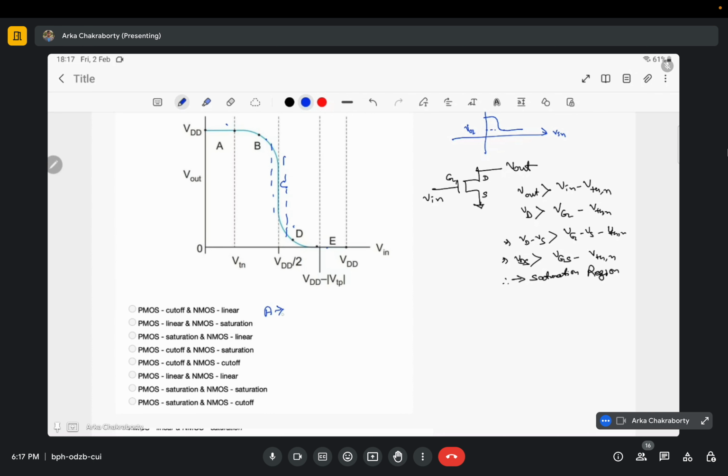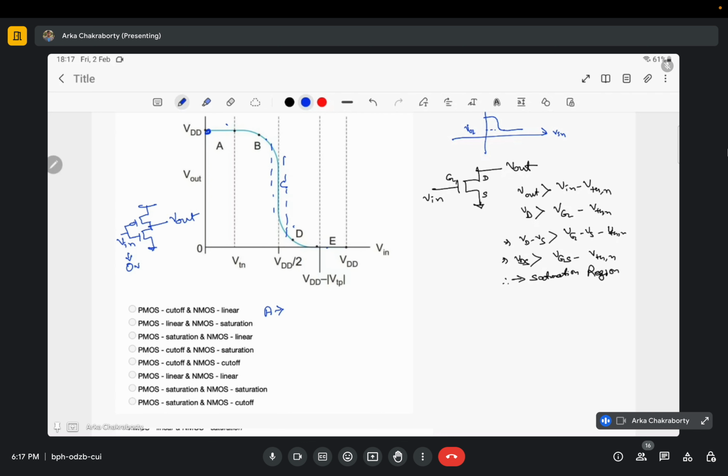In region A, in which situation are my transistors? If this is my CMOS circuit, this is my PMOS, this is my NMOS, this is V in, and this is V out. In this region my V in is very small, near 0 volt.